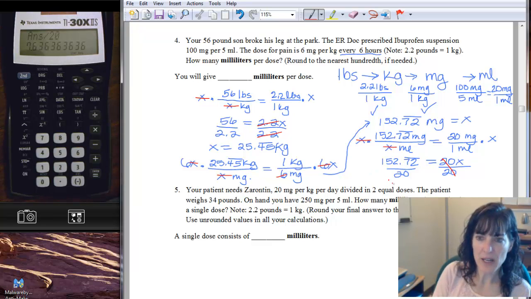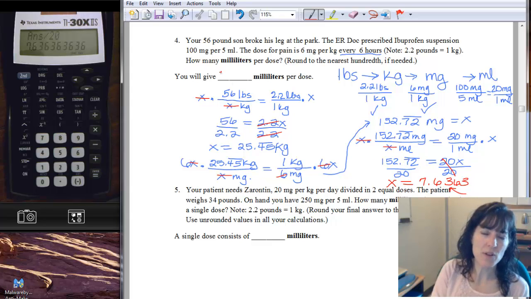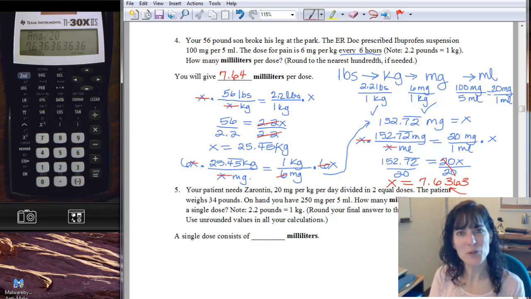And there I get x equals, my result is 7.6363, and that is repeating, but at this point it says round to the nearest hundredth, so I'm ready to do that. I need to round to this position. The following number is a 6, so I will bump it up, so it will be 7.64 milliliters per dose.